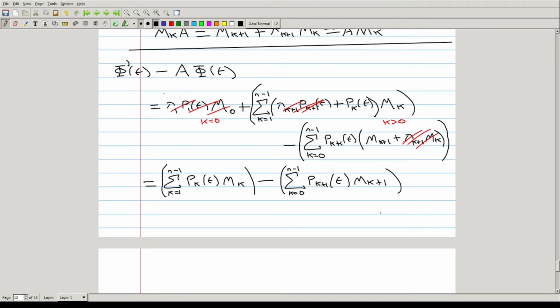And writing these two sums out gives us a whole other number of cancellations.